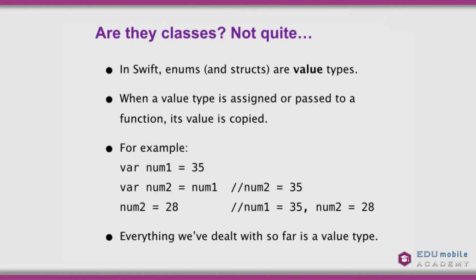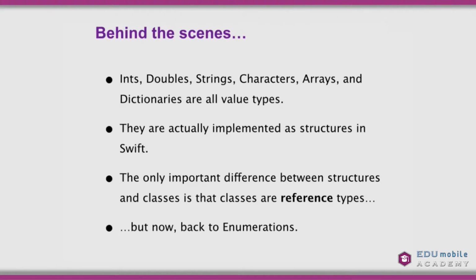We expect this kind of behavior with value types. Everything we have dealt with so far is a value type. If we do this with doubles, or with strings, if we copy one into another and modify the other one, the first one's value stays the same. Behind the scenes, all of the things we've talked about so far, ints, doubles, strings, including arrays and dictionaries, are all value types.